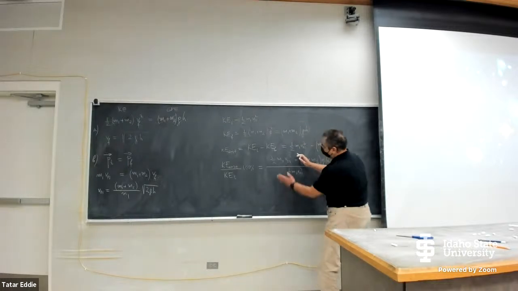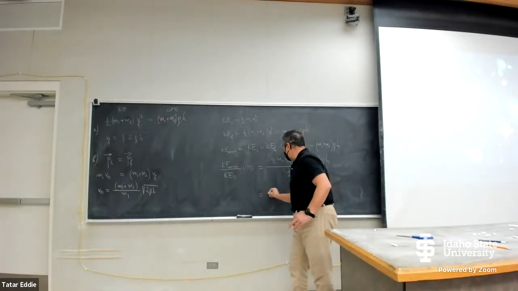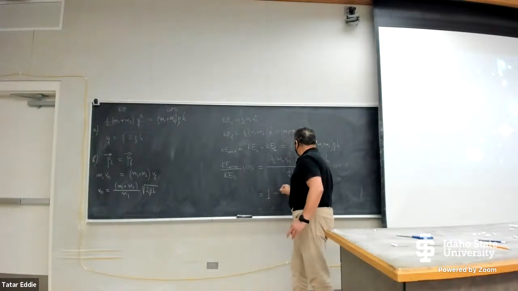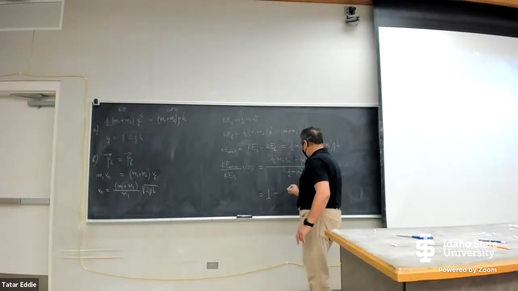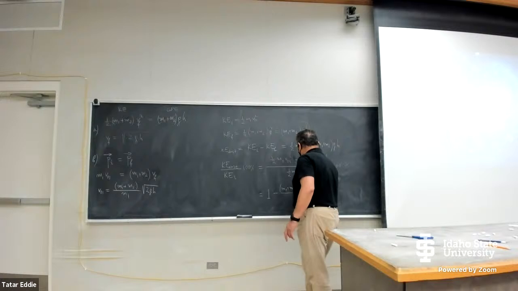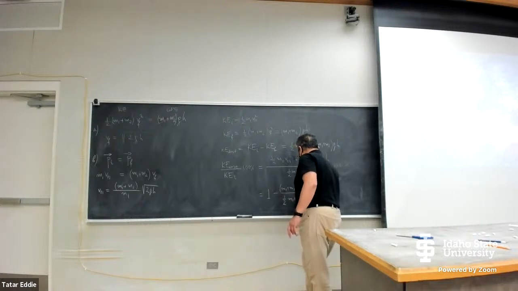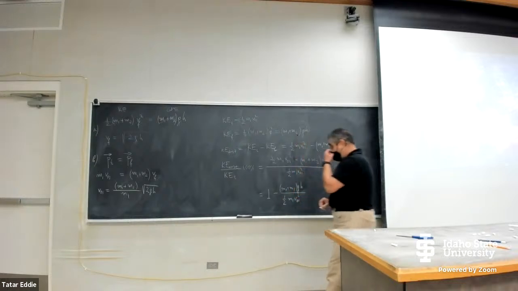The alternative is to divide this by this, and that division is going to give you 1 minus (M1 plus M2) times G times H divided by 1/2 M1 V initial squared.